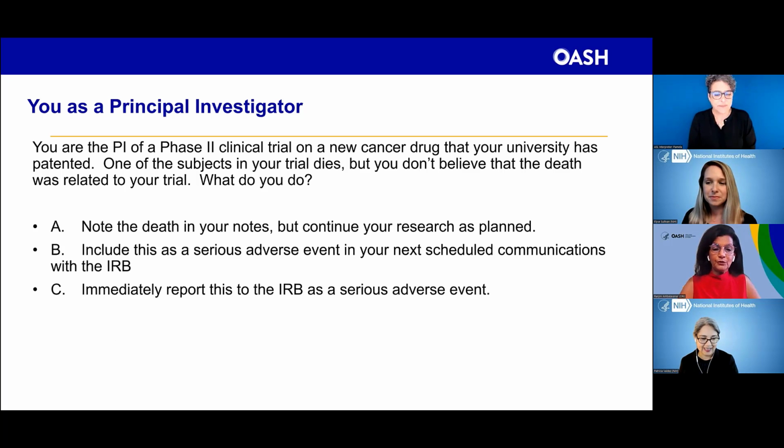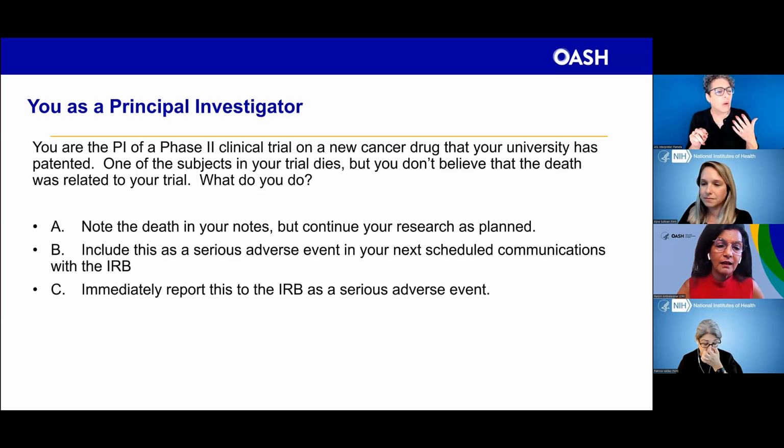Ranjini, do you want to talk us through what the correct answer here is? So most of you answered correctly. You are reporting to the IRB immediately. It's a serious adverse event. Whether you are sure or not about the cause of death, death should be reported right away to the IRB. Some A responses are there, but that's not recommended.